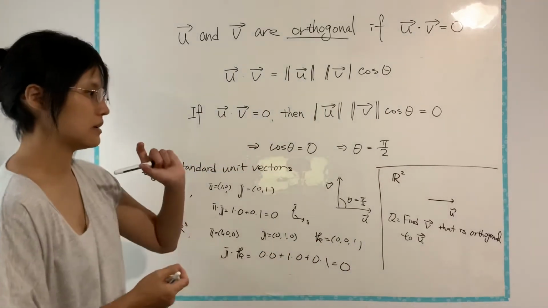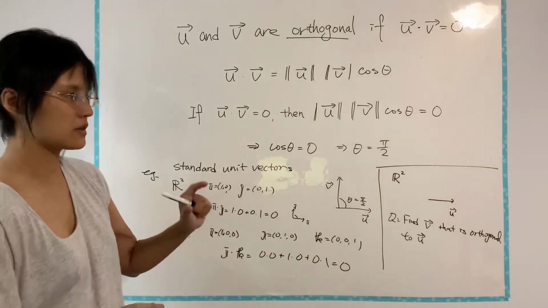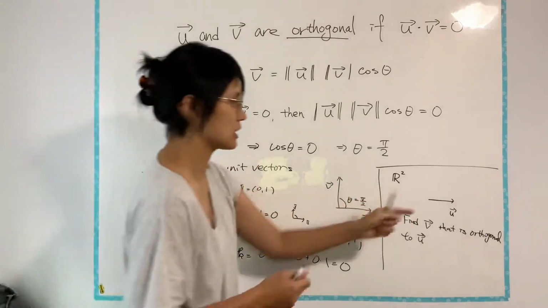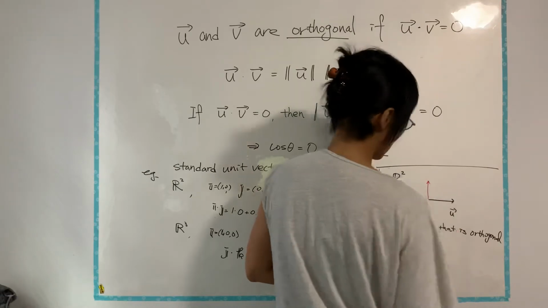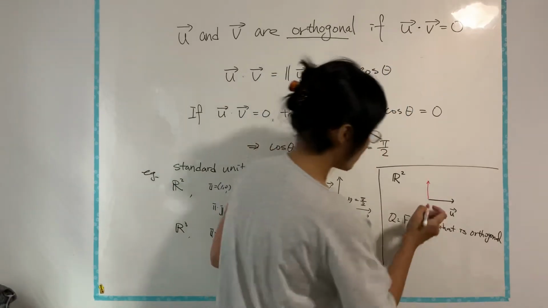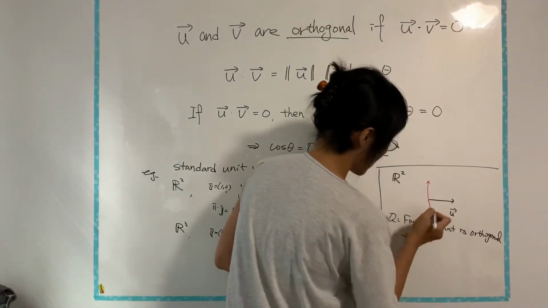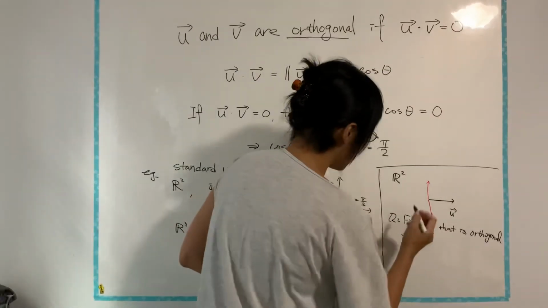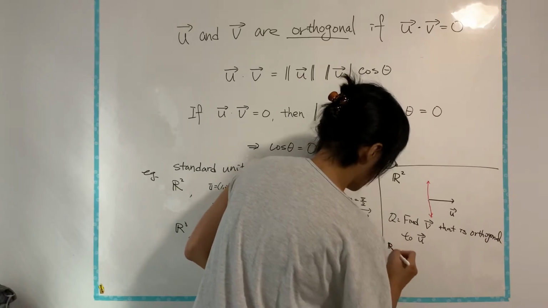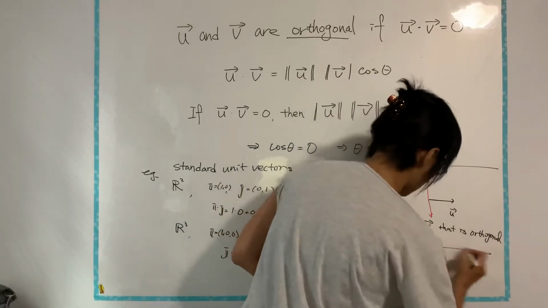It would be a vector that is, again, perpendicular to the given vector. Because it's R2, I know it's either this direction, so that's a potential answer, or this direction, that's another potential answer.